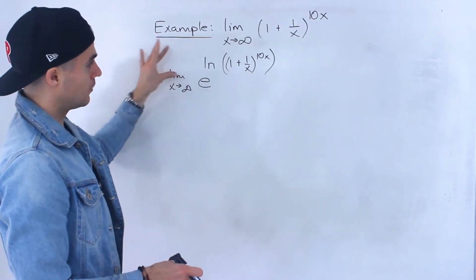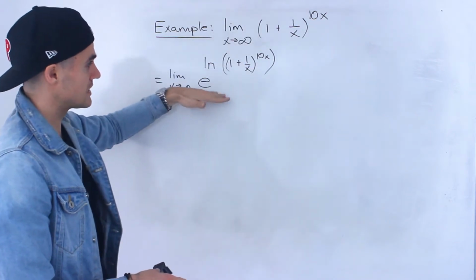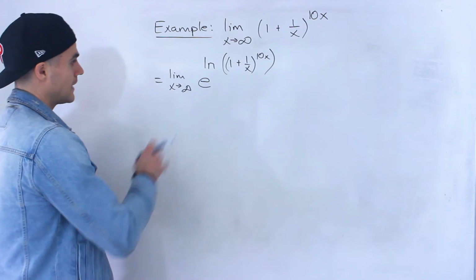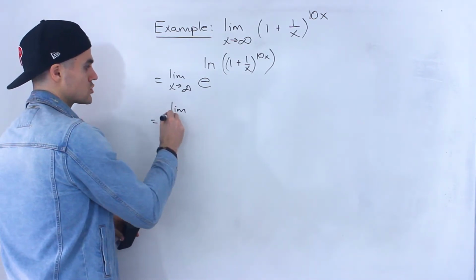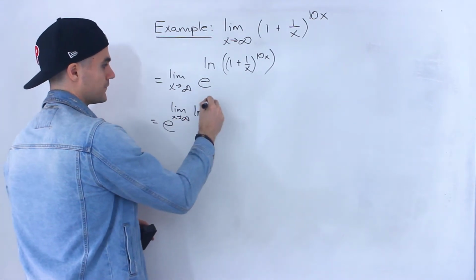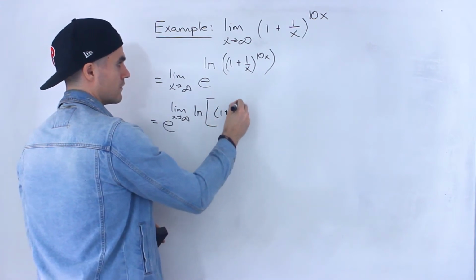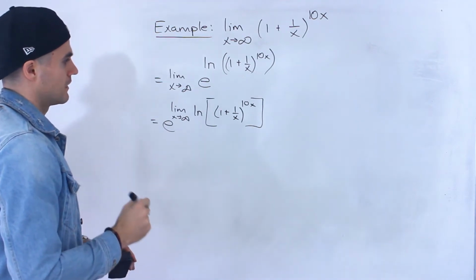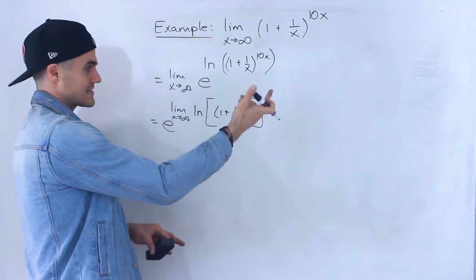But what I mentioned is that you first take this function, convert it to e to the power of ln of that same function, and then you take that limit and you distribute it, quote unquote, to the exponent. And then you deal with this limit here separately.